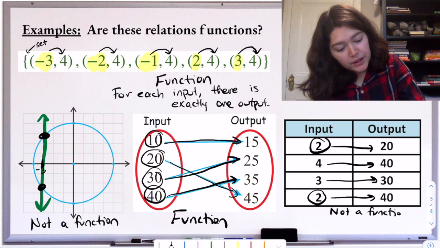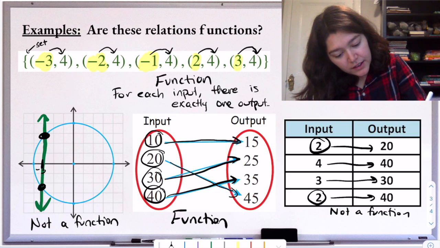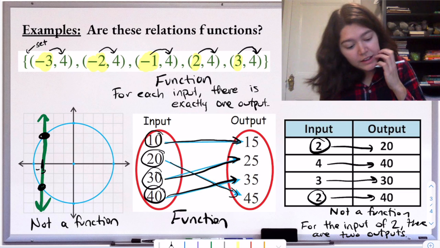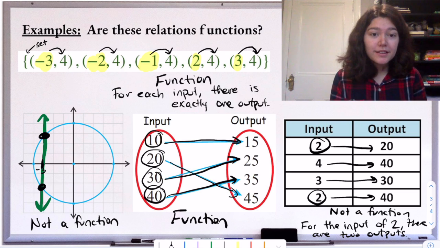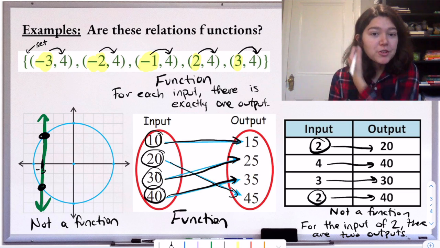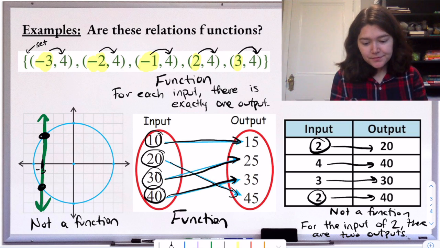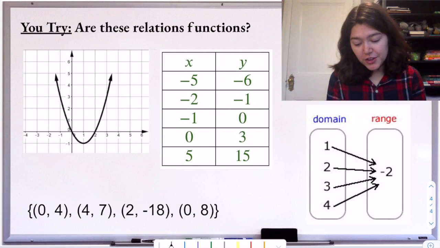We would explain that because for the input of 2, there are 2 outputs. The input of 2 is mapped to 2 different outputs, so it's not a function.